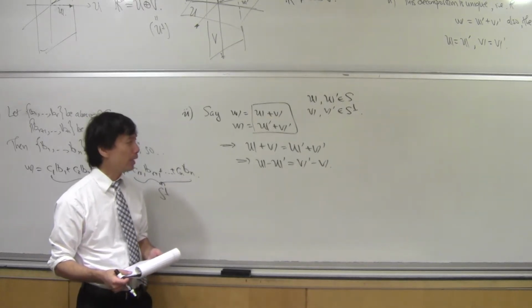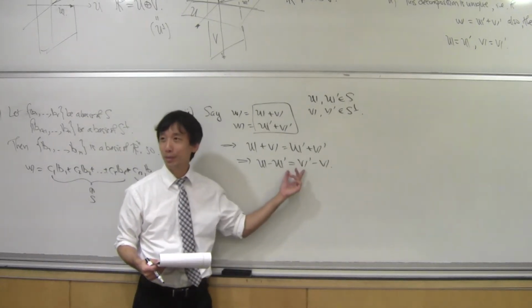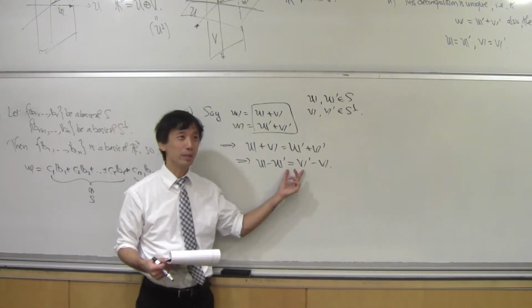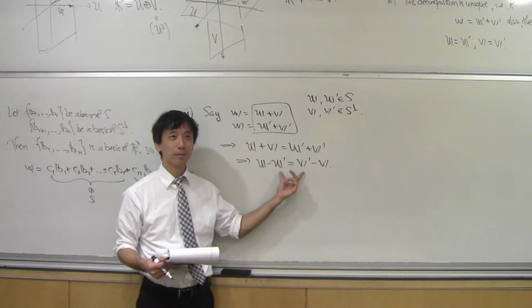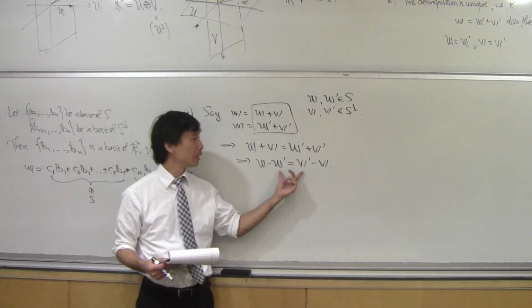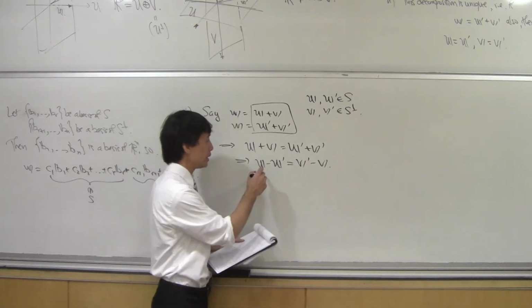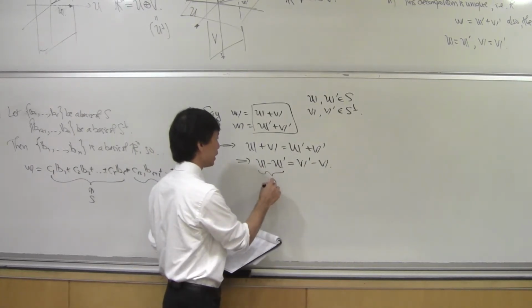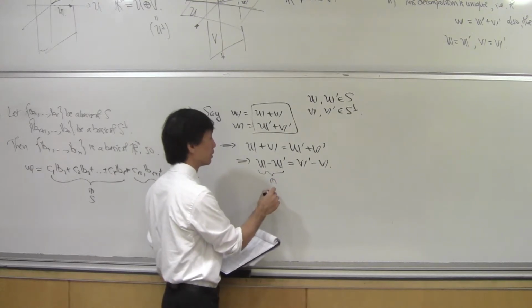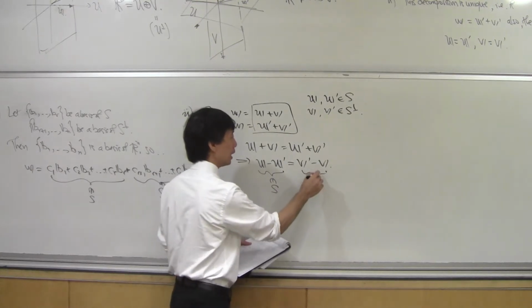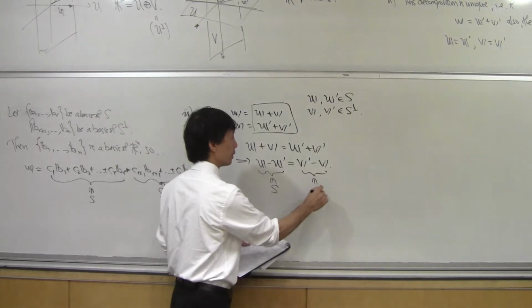Okay, and so why is that equal to zero? We're hoping that it equals zero. It actually does. Why? Well, where is this thing? This thing lies in S, and this thing lies in S perp.